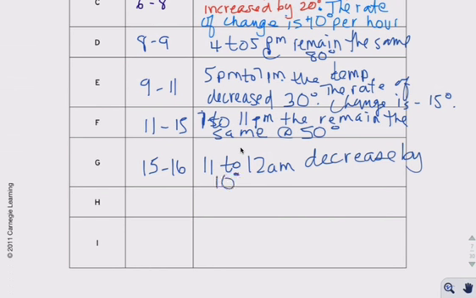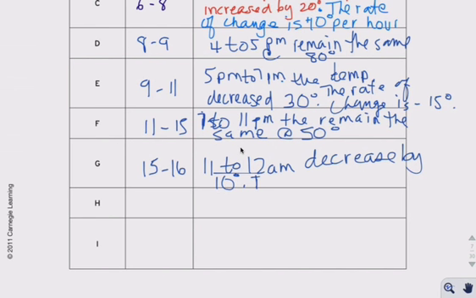Because it's only 1 hour, as you can see, from 11 to 12, the constant rate of change is also 10 degrees. This is only 1 hour given.